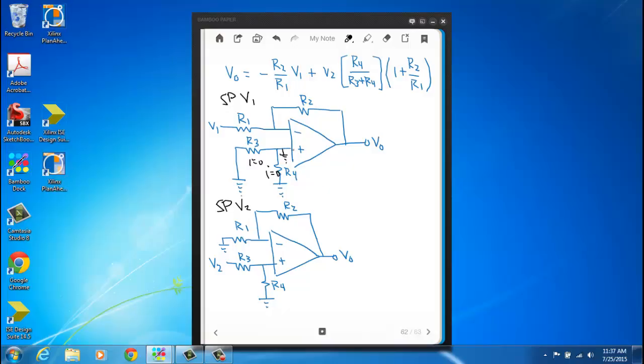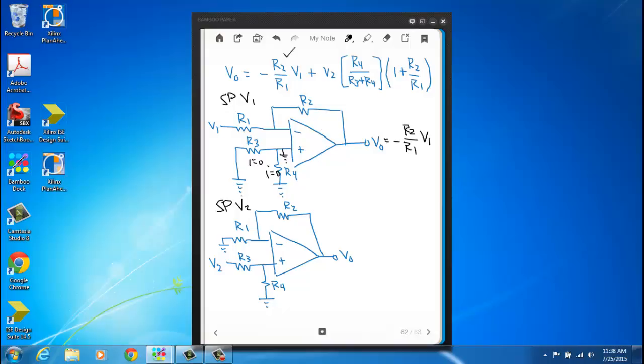And if you have ground on the non-inverting input with two resistors connected to the inverting input, like you see here, that's an inverting amplifier. So Vout here is just going to be minus R2 over R1 times V1. Okay, and that's what you see right here. So one component of Vout for the difference amplifier comes from an inverting amplifier expression.